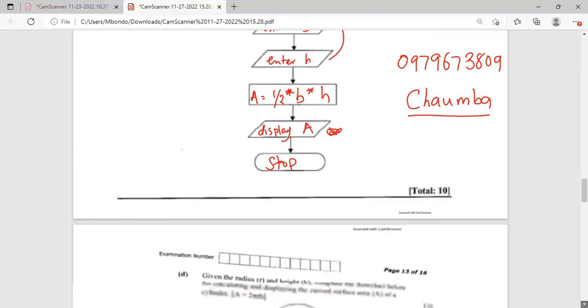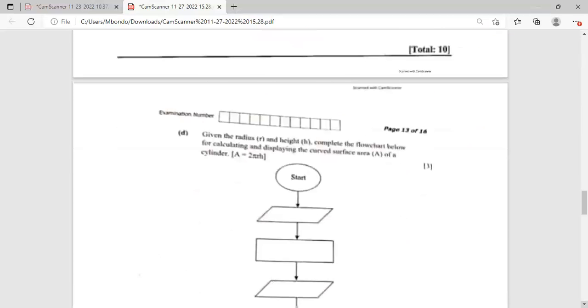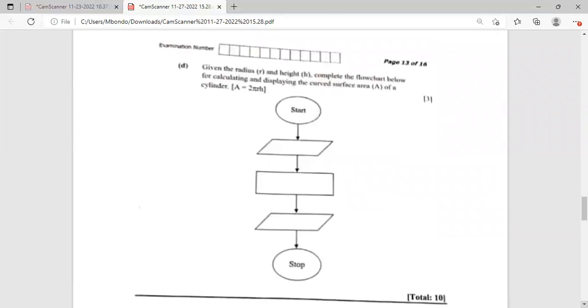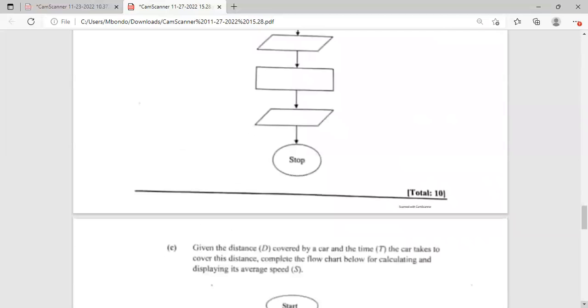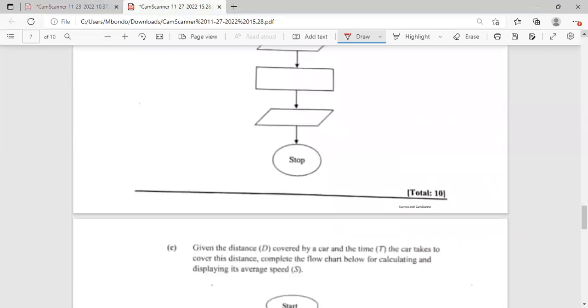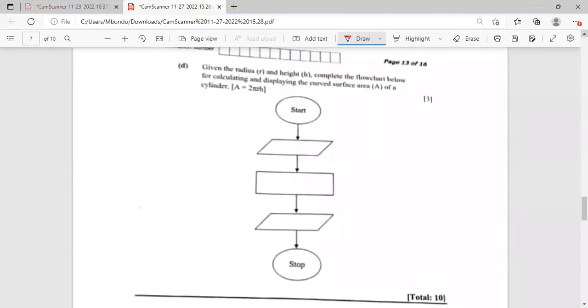Let's do the other question here. Let's do maybe the last two questions. Given the radius R and the height H, complete the flowchart below for calculating and displaying the curved surface area of a cylinder.